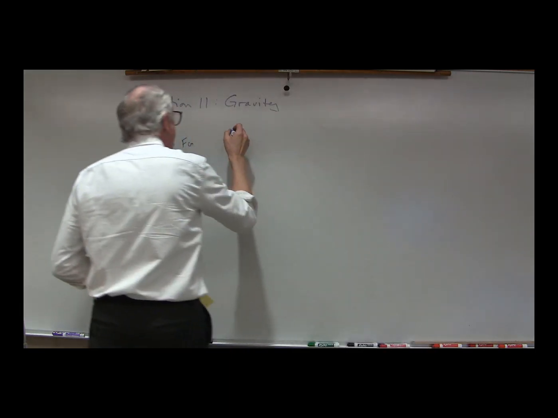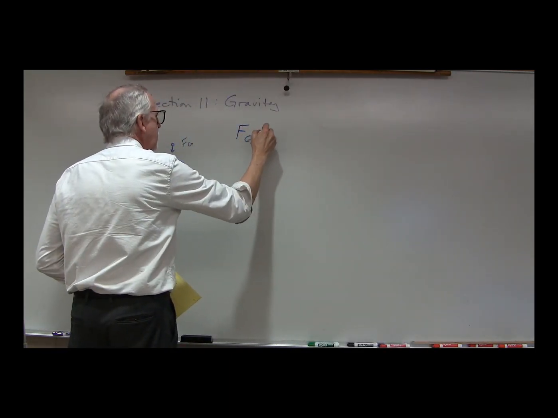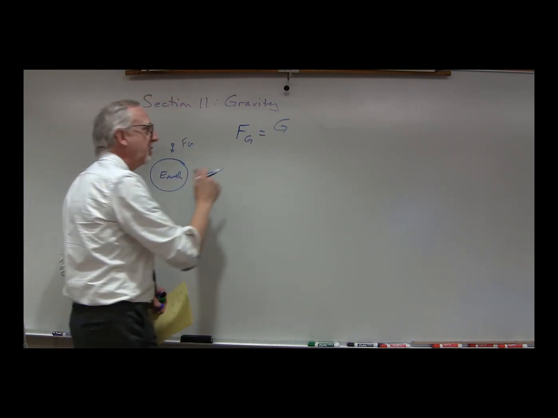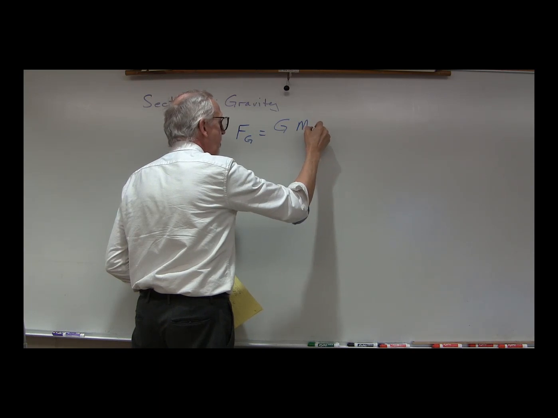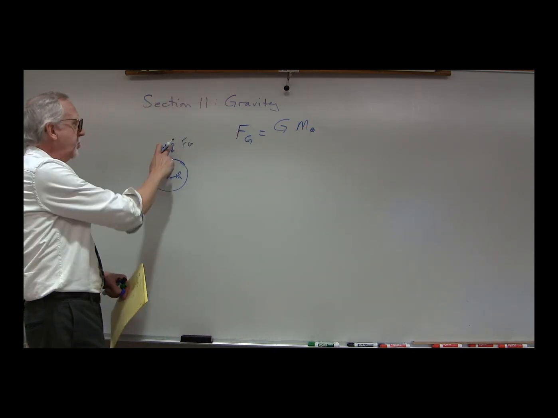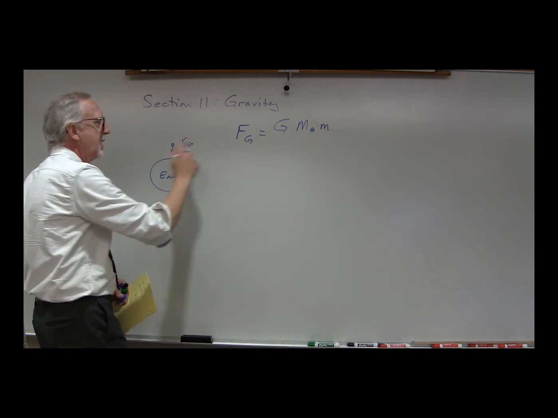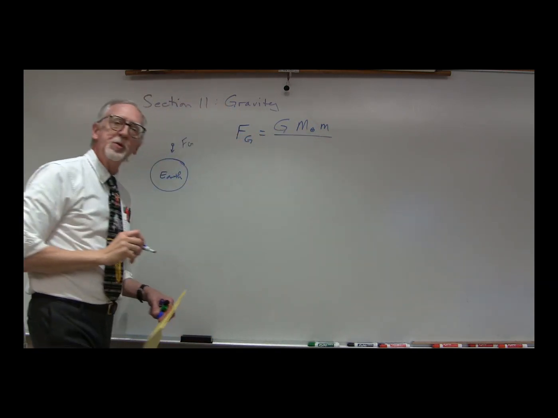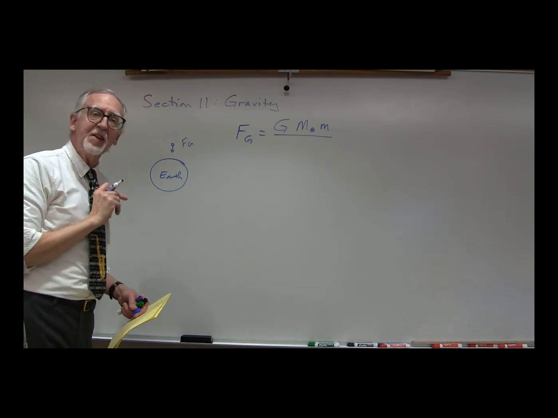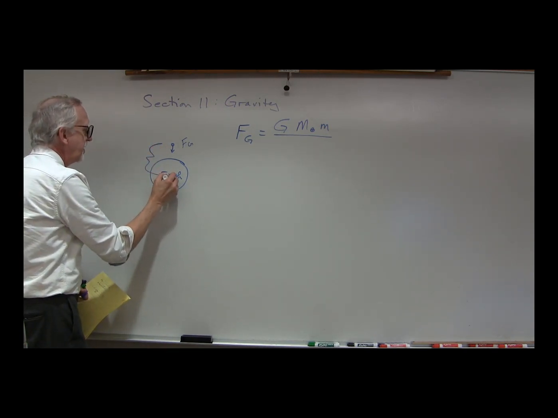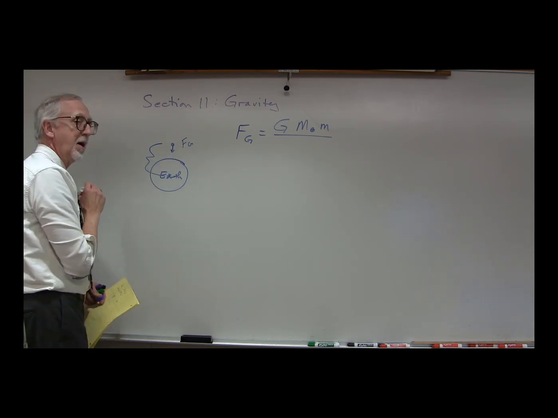The magnitude of Fg, we know, is big G times m1, which we'll call the mass of the Earth, times m2, we'll just call that little m for the mass of our object, divided by the distance between them squared, remember, from center to center. So we're talking about this distance from the center of the Earth to the object.